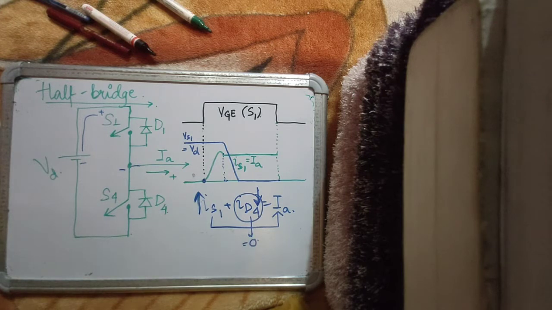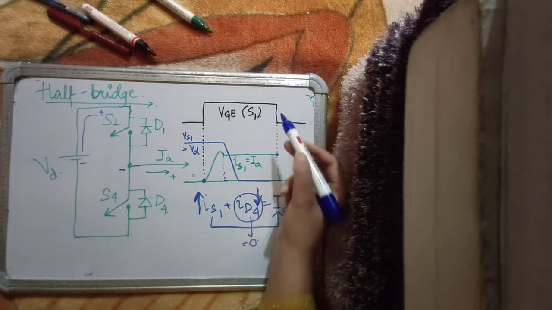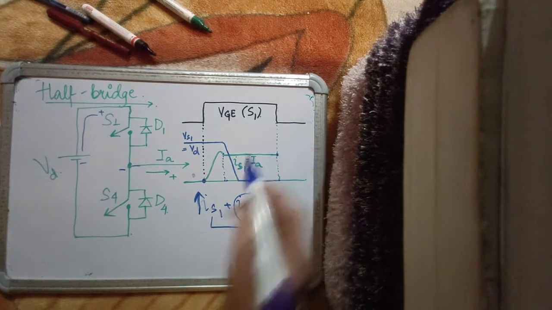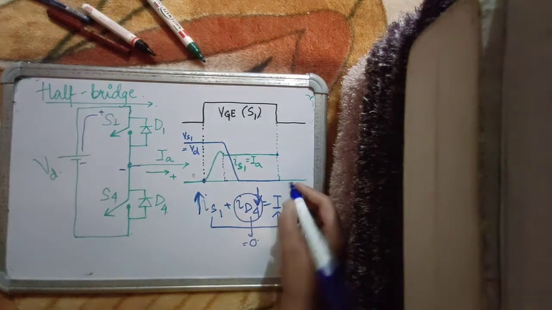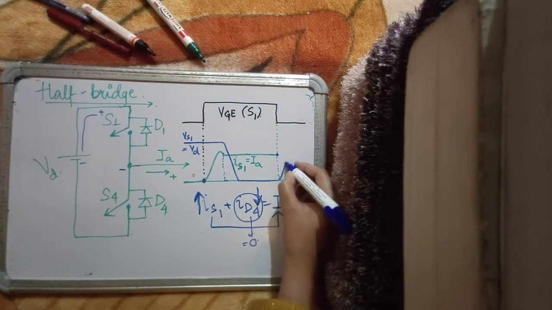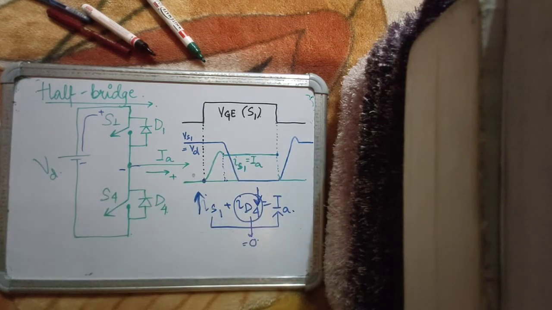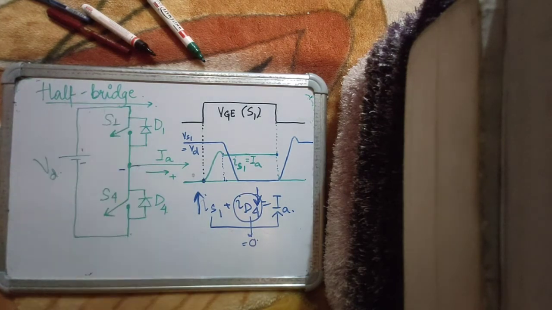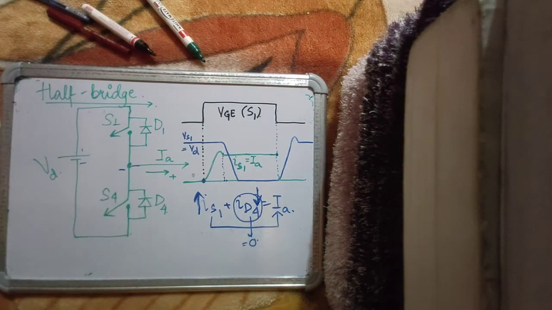All right. Now what happens here is that at this interval you have withdrawn the gating pulse to the device. Now when you withdraw the gating pulse to the device, the voltage across the device starts rising, of course with some L di by dt kick. Which means that at this interval, the voltage across S1 is rising, or you can say the voltage across S4 is falling.